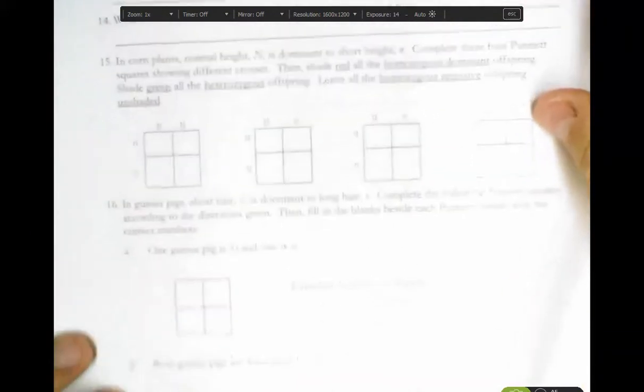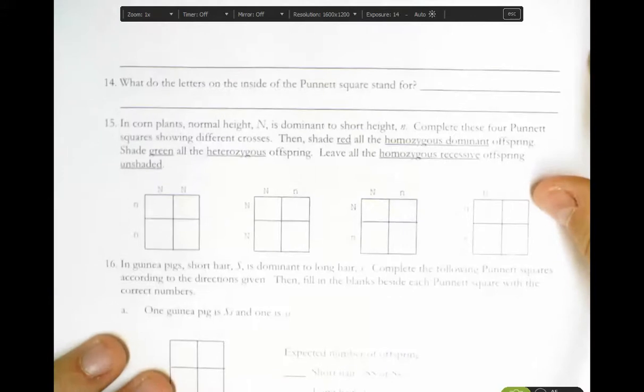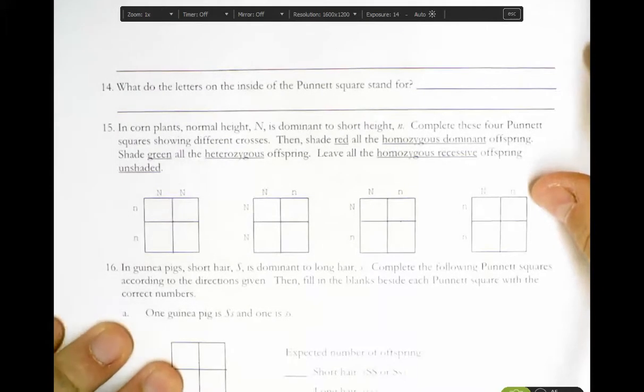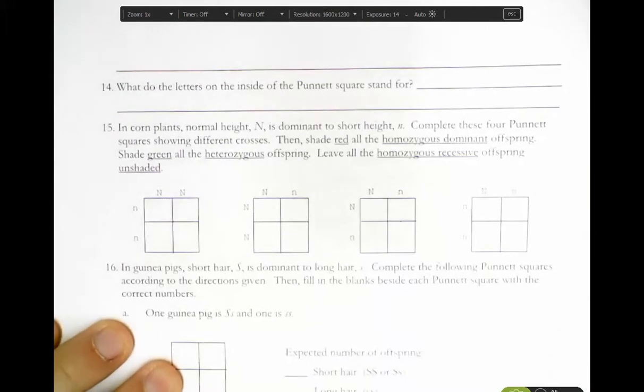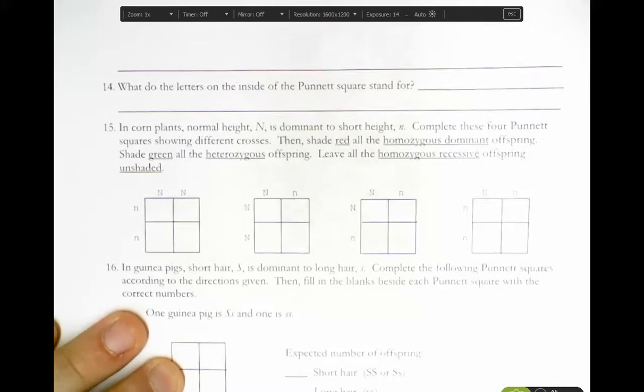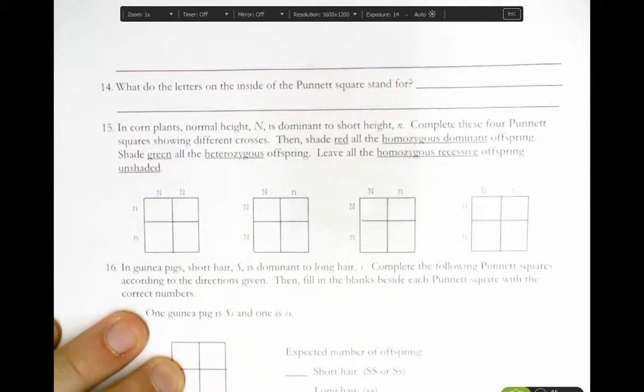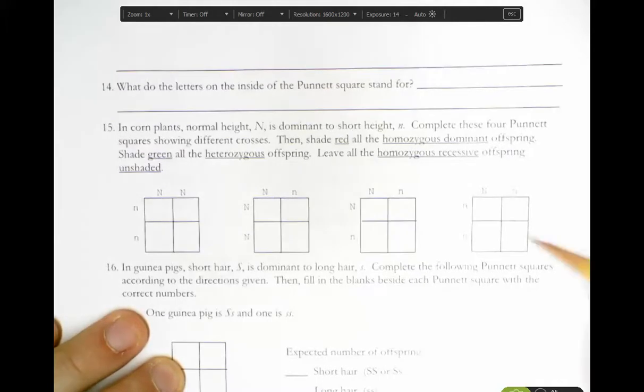All right, flip to the next page. What do the letters on the inside of a Punnett square stand for? So the ones that we create inside of the boxes.